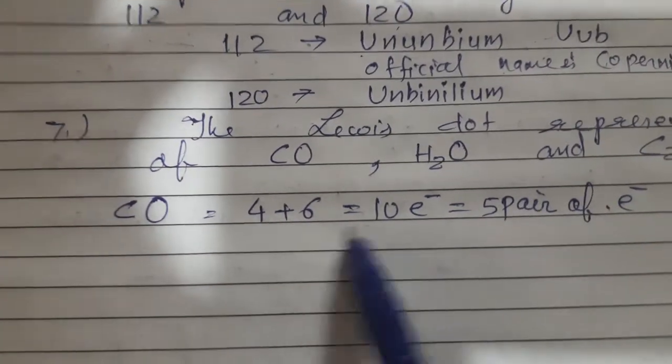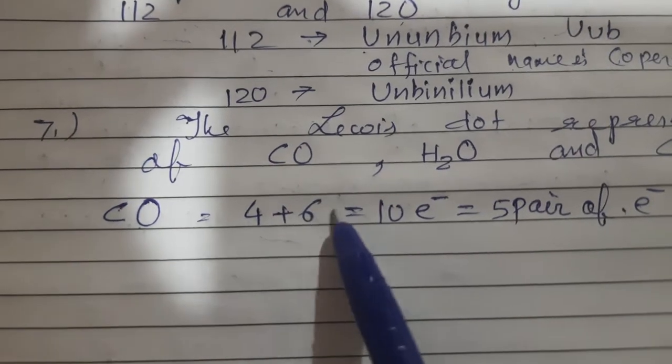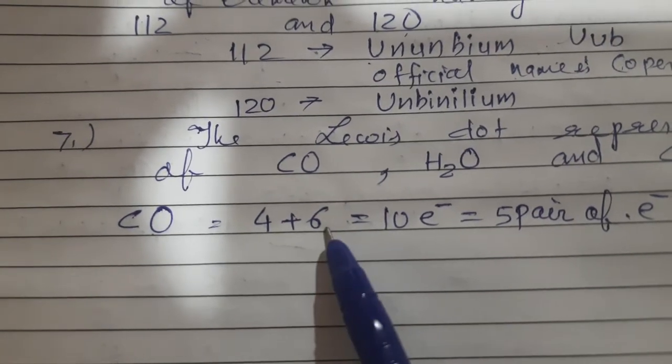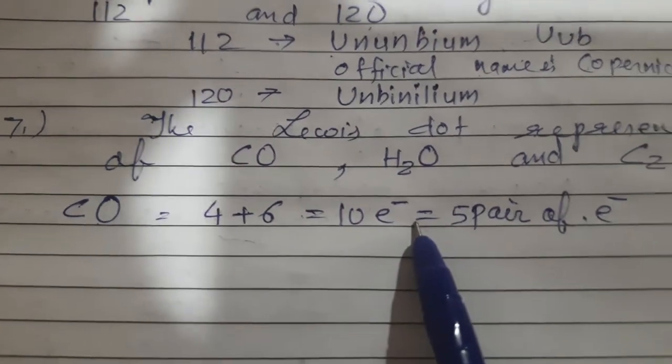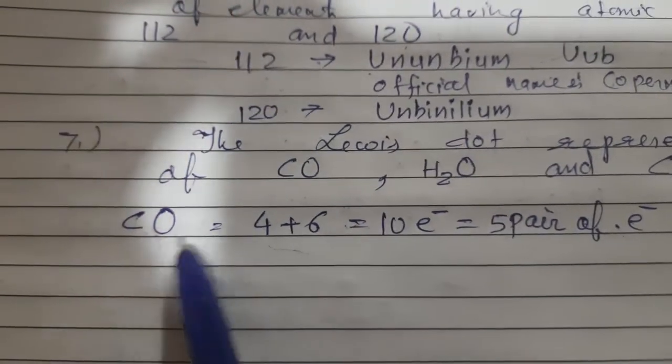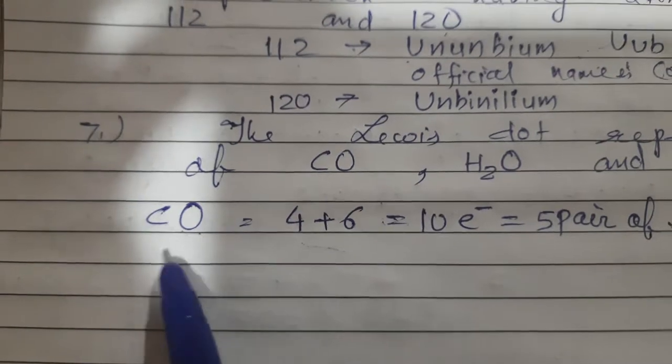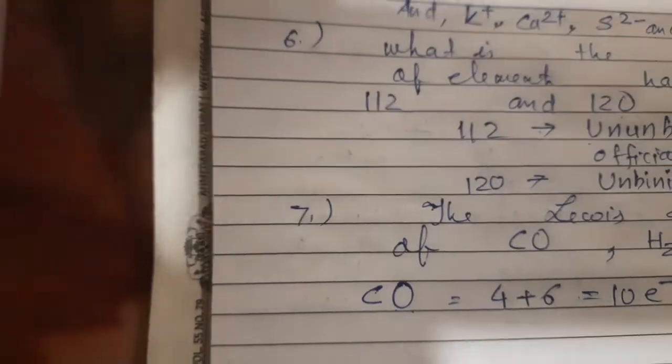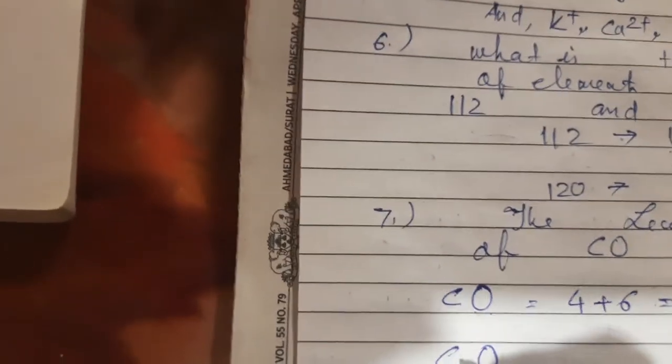Carbon outermost orbit has 4 electrons, oxygen outermost orbit has 6 electrons. Total 10 electrons of outermost orbits, making 5 pairs. So we have to adjust 5 pairs so that the octet is completed. Let me write C and O. First step is to make the single bond between these two.